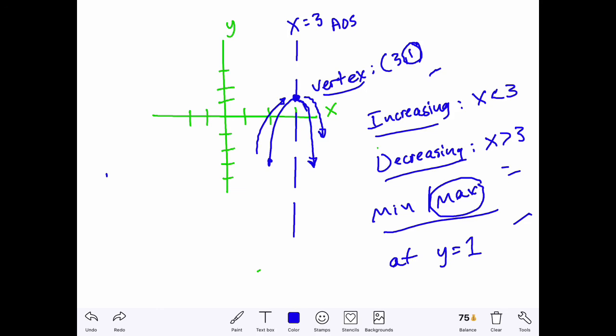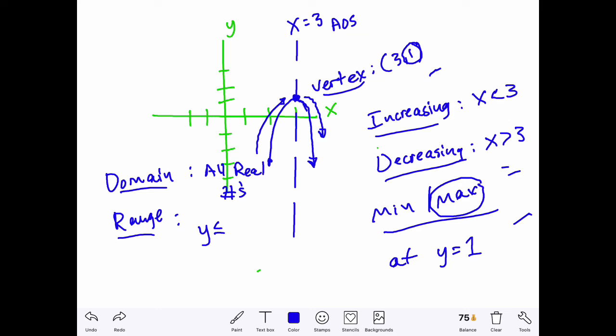Okay, domain. Range. Domain, you got it. All reals. Typically for these they are all real numbers. How about range? Well, y less than or equal to 1. You got it. The y value, the highest it's going to get is that maximum at y equal to 1.